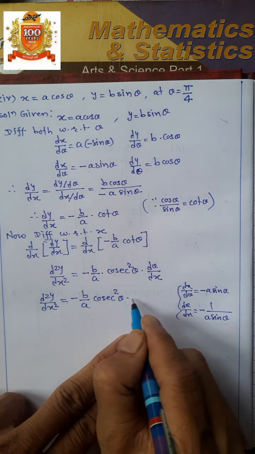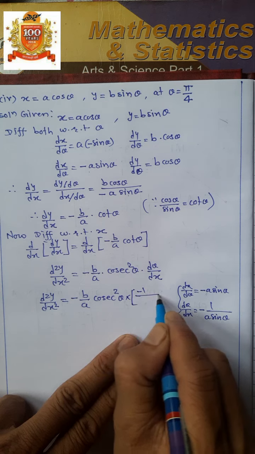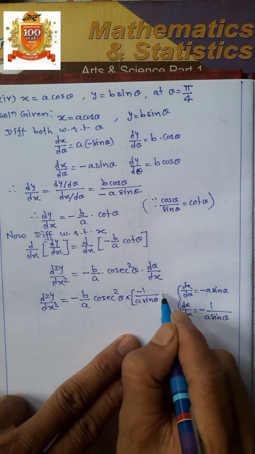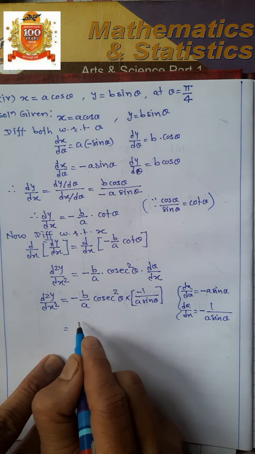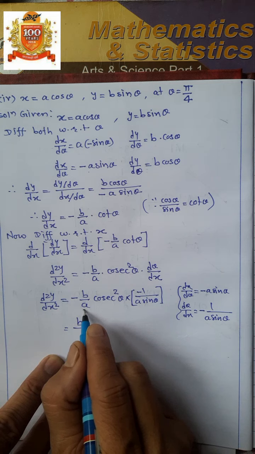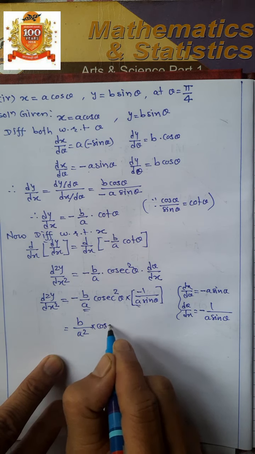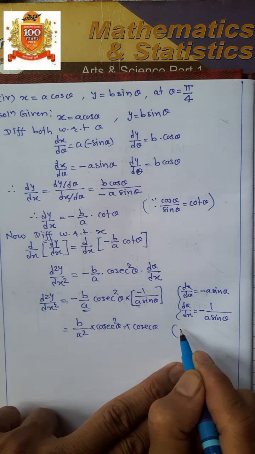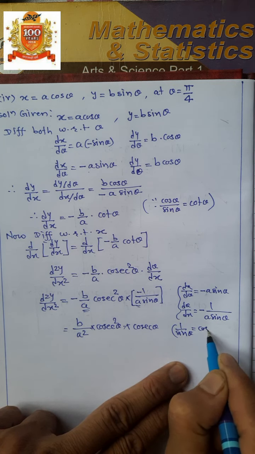Put the value: minus minus becomes plus, b upon a into a, that is a square, into cosec square theta into 1 upon sin theta, since we can write 1 upon sin theta is equal to cosec theta.